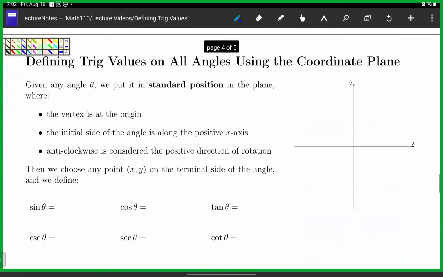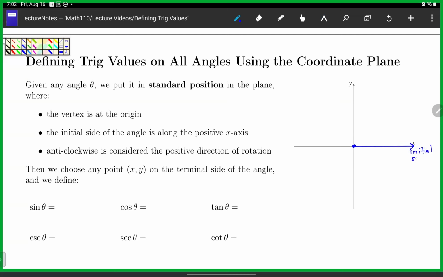Okay, here we are. Defining trig values on all angles using the coordinate plane. So, given any angle theta, we put it in standard position in the plane, which means the vertex of the angle is always at the origin, and the initial side is always in the positive x direction.